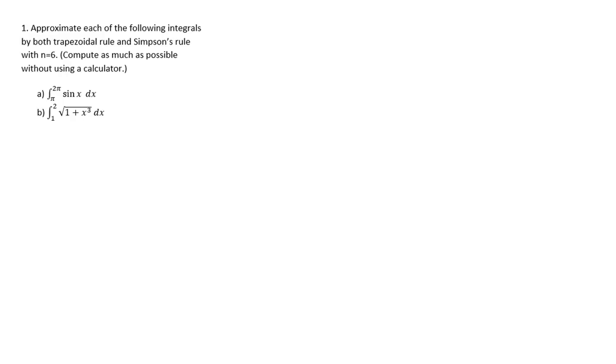This one we have delta of x. Always start with delta of x. So we're working on this second one here. Delta of x is b minus a, 2 minus 1, divided by 6, because n is given as 6, so that's 1 over 6. And then your left endpoint, the very beginning x0, is 1, because that's where you start.